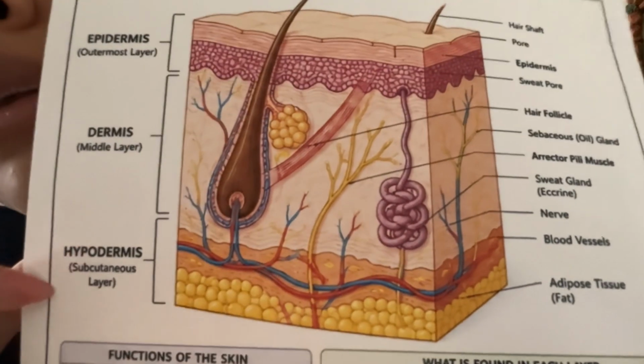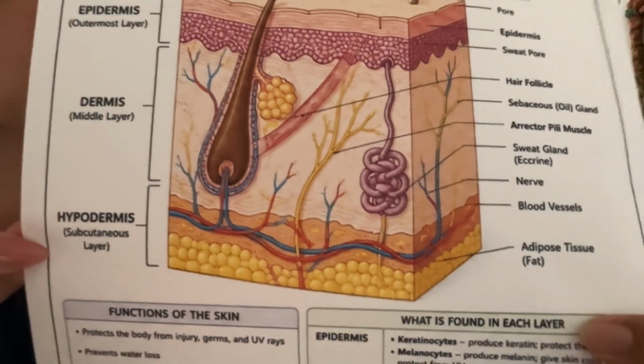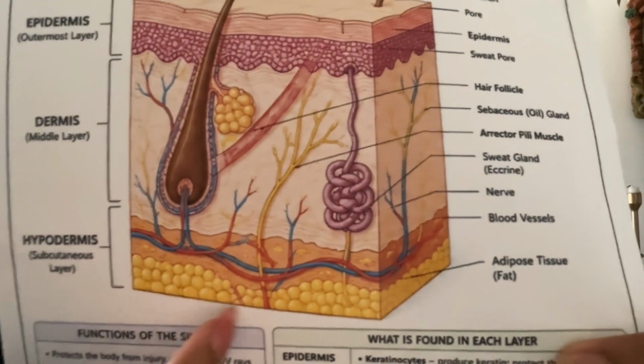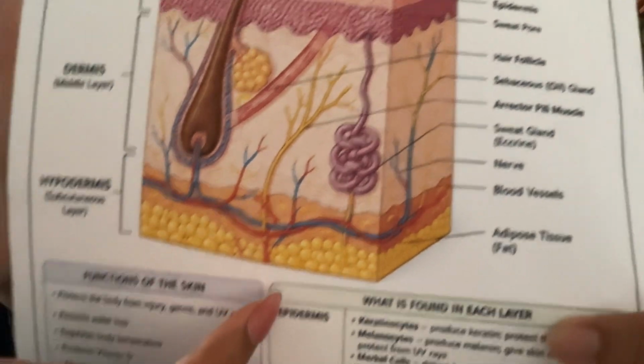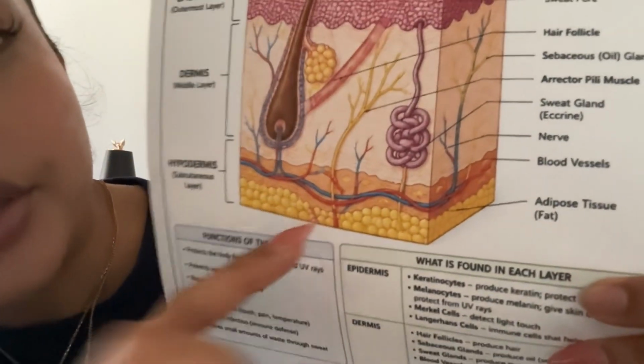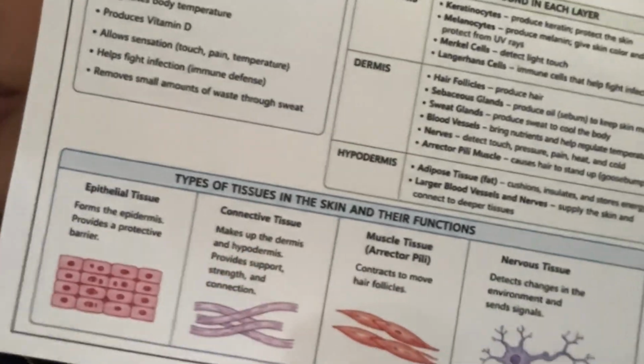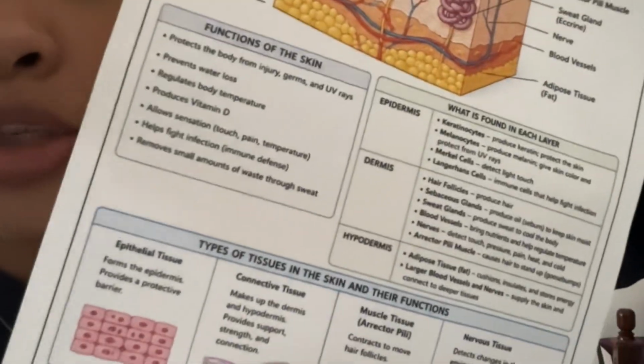And then we have our last layer, which is the hypodermis, which is the deepest layer of the skin, which mostly contains fat and connective tissue at the bottom right here. And to finalize everything, we have the tissues of the skin: epithelial tissue, connective tissue, muscle tissue, and nervous tissue.